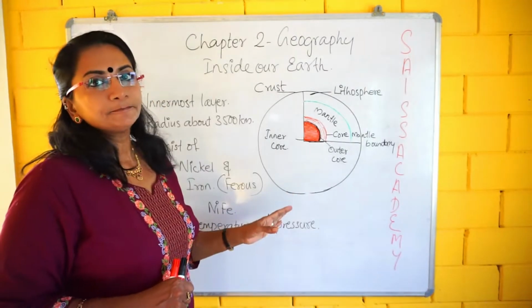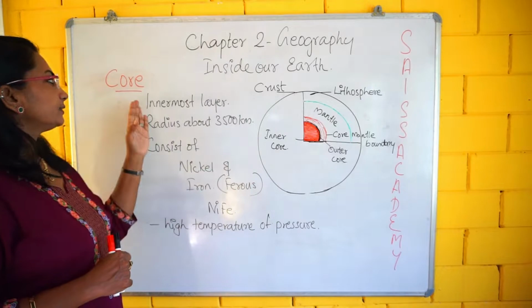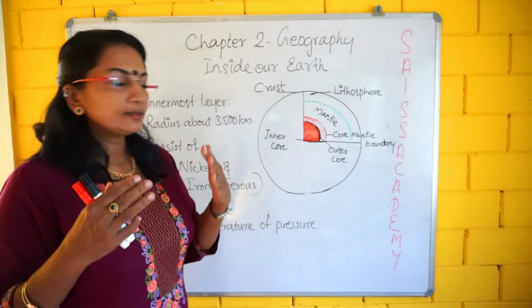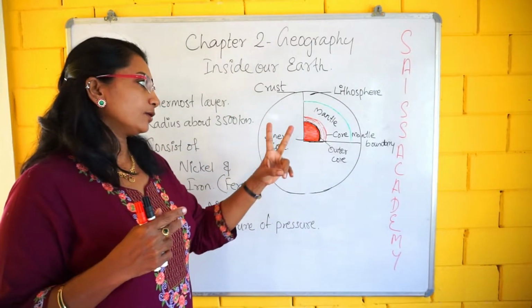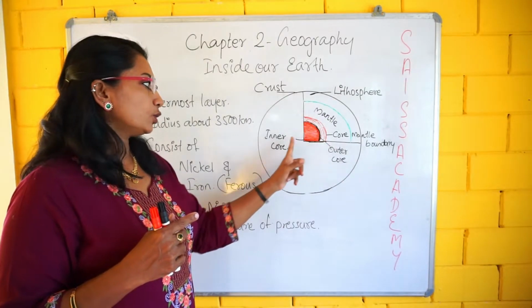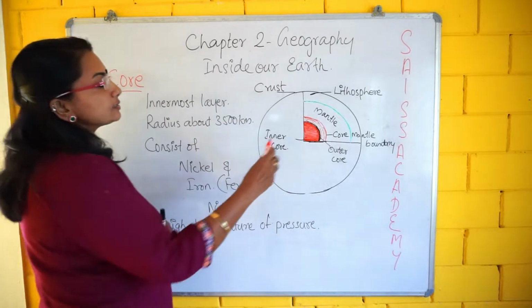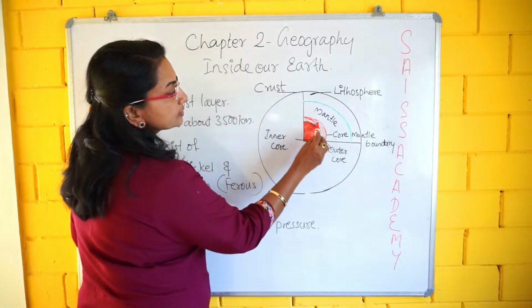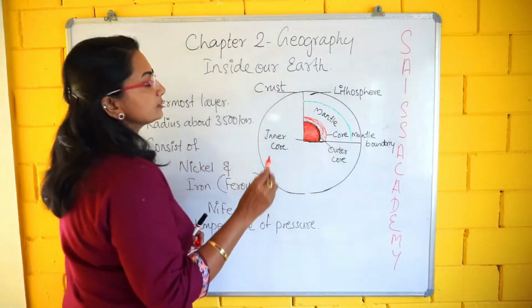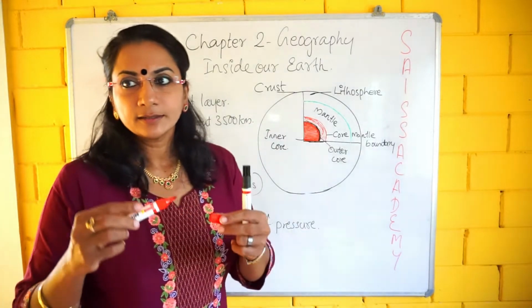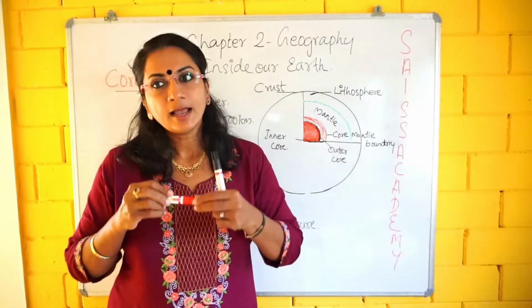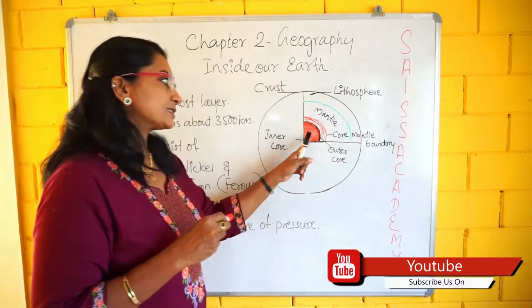Got it? Okay children. Next, the third layer of the earth is the core. The core has two parts: the outer core and the inner core. The outer core, this area, is liquid. That means the outer core is liquid and the inner core is extremely solid.